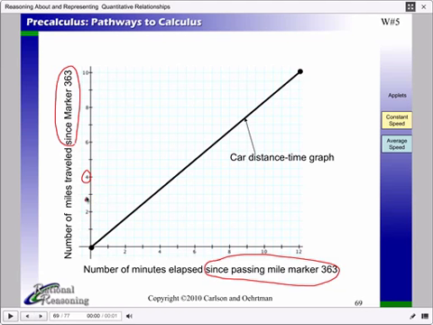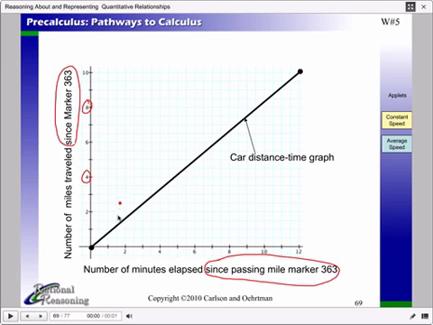These values are the distance from mile marker 363. If d equals 8, at what mile marker are we? 371. 363 plus 8. So that's what you want, starting at 0 miles from 363.